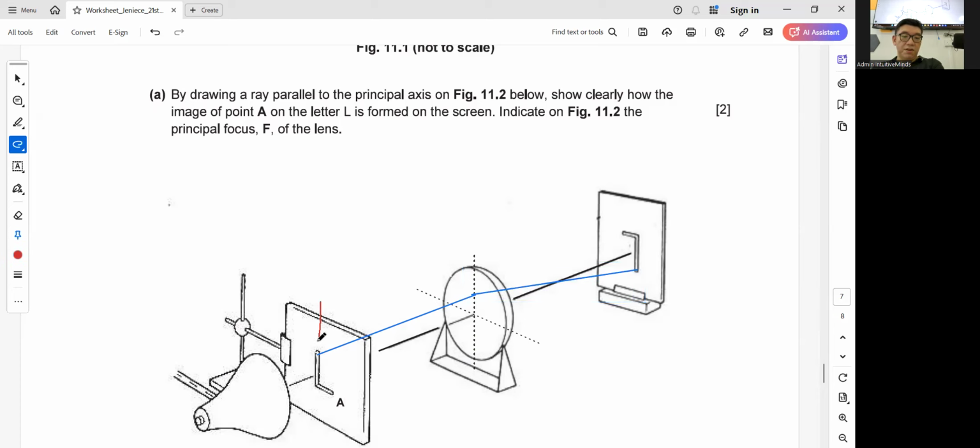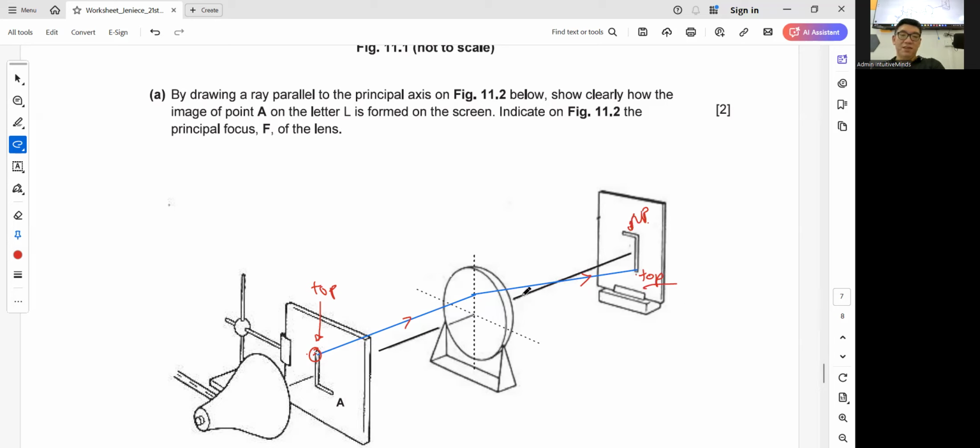So this is the top of the object. So top must end at top lah. If you are a light ray, you come out here and then you end at the bottom, that doesn't make sense. There's no logic. A light ray bouncing off the top of the object must form the top of the image over here.